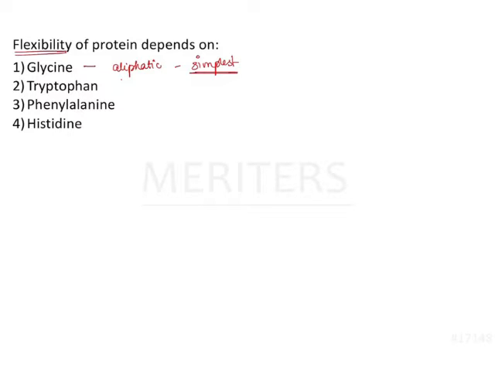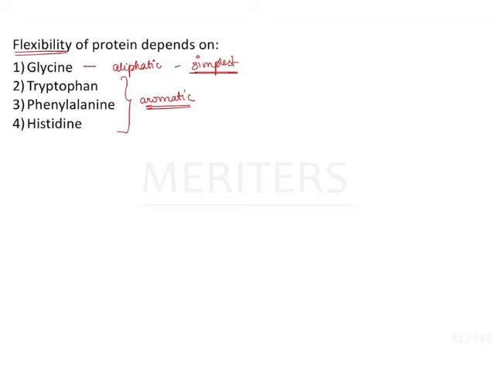Whereas options 2, 3 and 4 have an aromatic heterocyclic group in their side chain. Therefore, tryptophan, phenylalanine and histidine are expected to have a complex structure present in the side chain of these amino acids in options 2, 3 and 4.